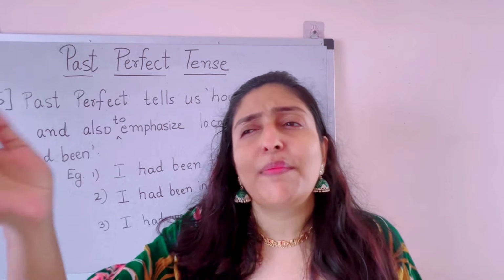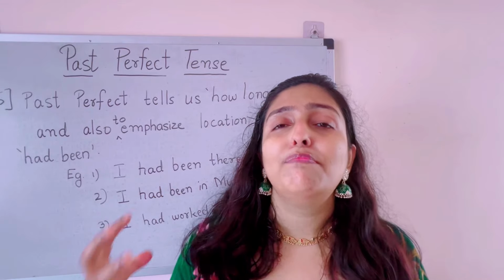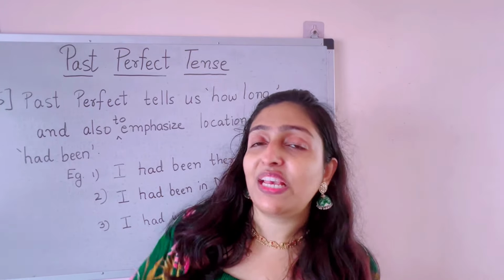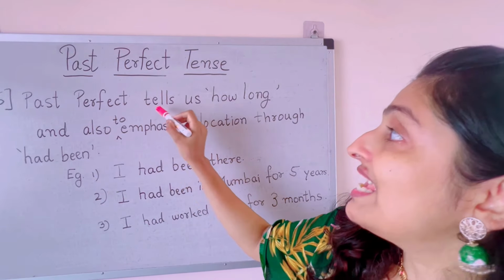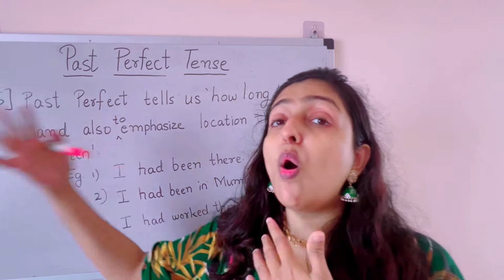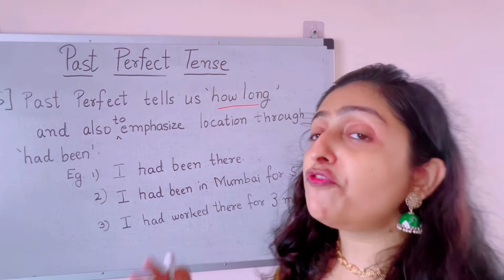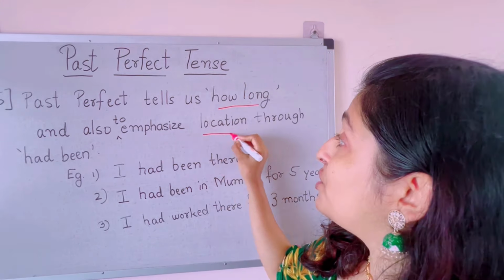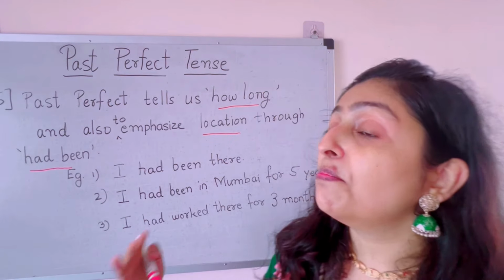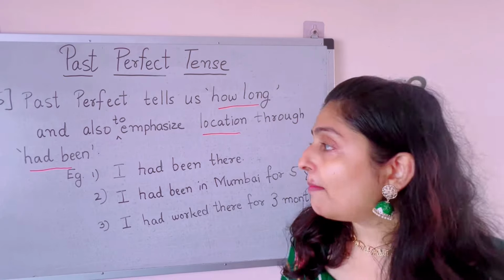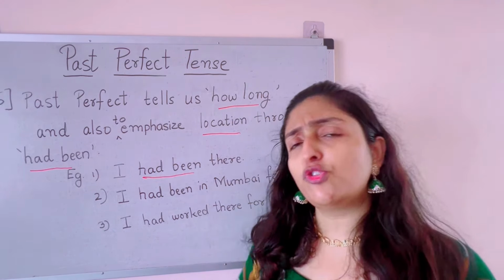I have been to that place, I have been there. In the same way here we use the same, but the action takes place in the past. Past perfect tells us how long, and also emphasizes location through the expression had been. Okay, the first example is, I had been there. Okay, I had been to that place.